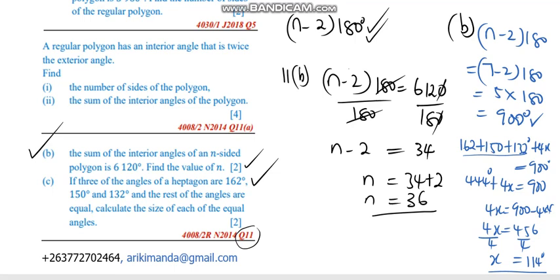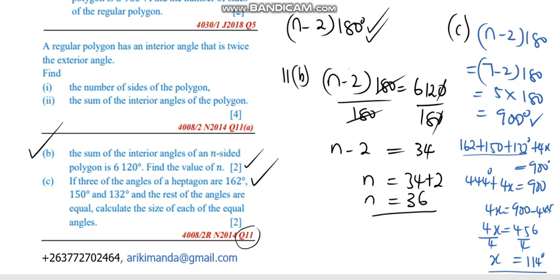So take note, I'll sum up part C of our question. You first find the total number of degrees inside the heptagon. Of the total number of degrees inside, which is 900, we subtract the total of all 3 given angles.